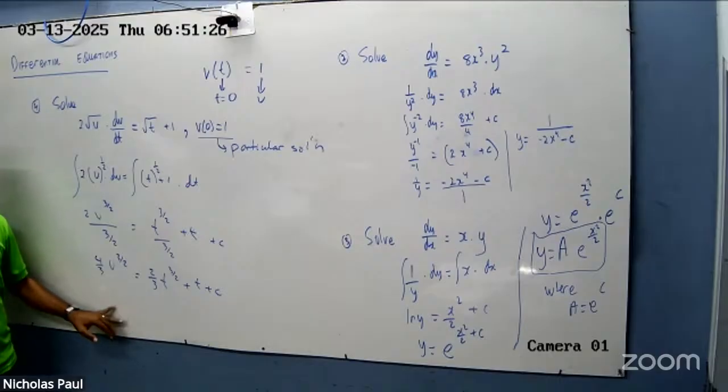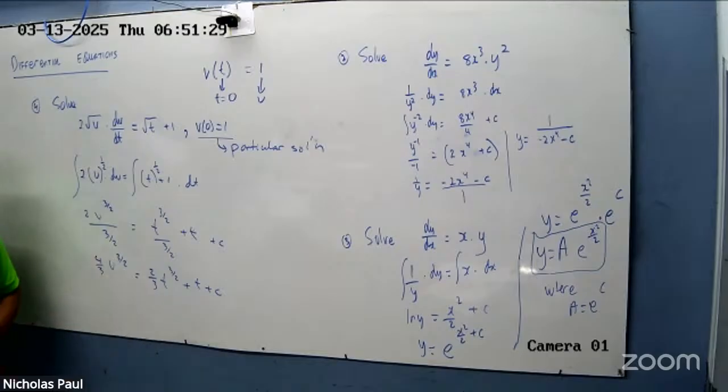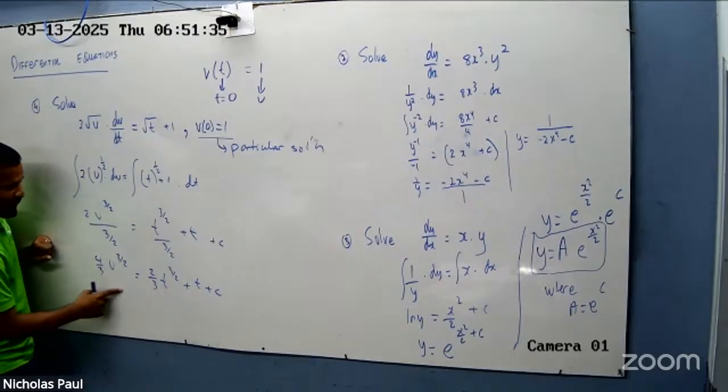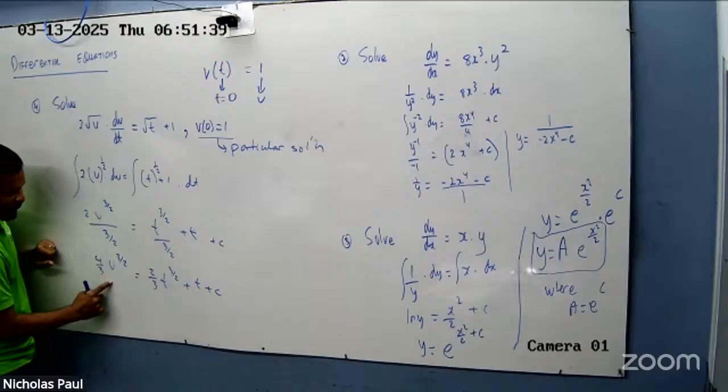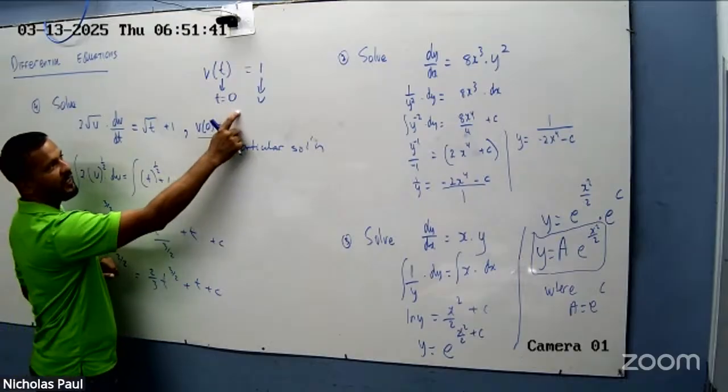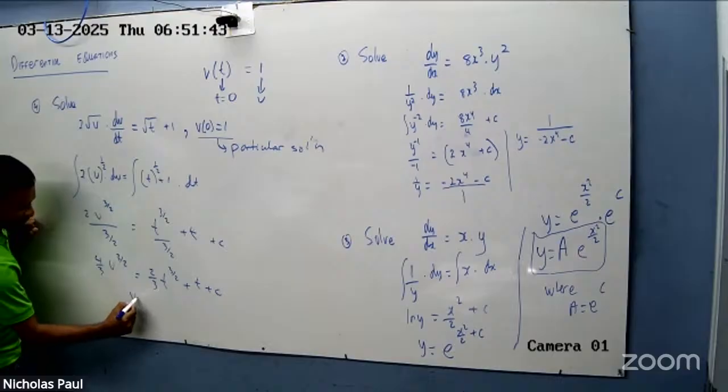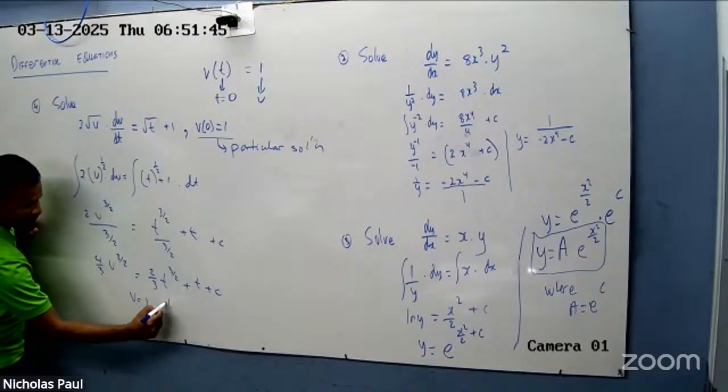But before we make v the subject, I am going to find c using this. When v is equal to 1, t is 0.